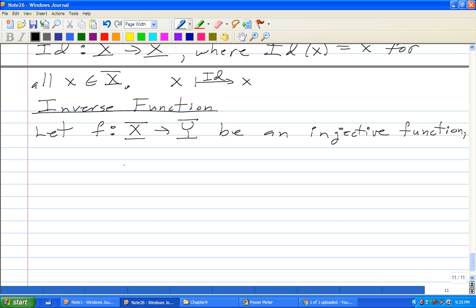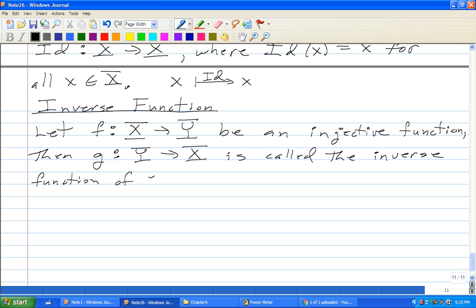Then the function taking y, mapping y into x is called the inverse function of f if f composed with g is the identity function and g composed with f is the identity function.